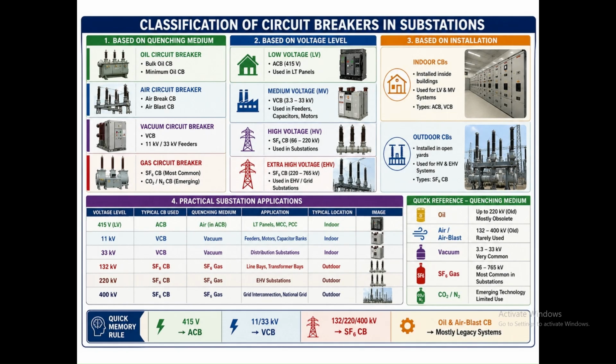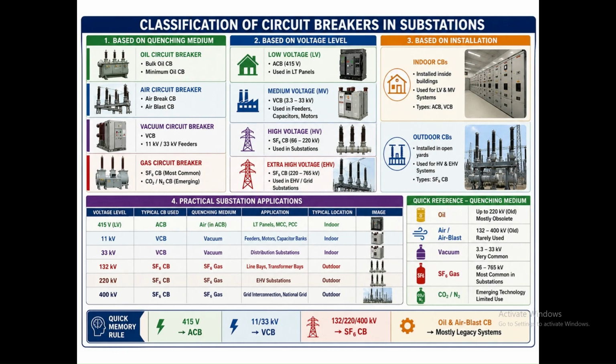Most oil circuit breakers are now obsolete. Air circuit breakers, VCBs, and gas circuit breakers are in practice. At low voltage, ACB can be used in LT panels. At medium voltage, we can go for VCB, and at high and extra high voltage, we go for SF6 circuit breakers.